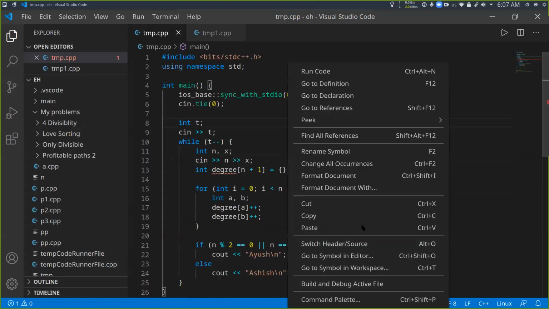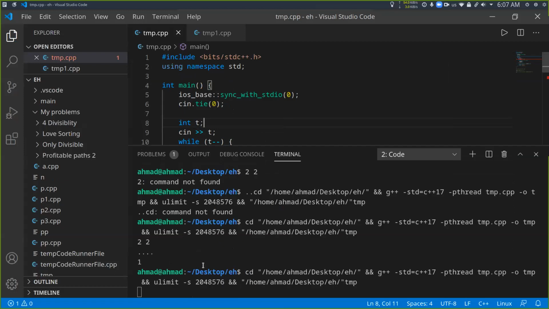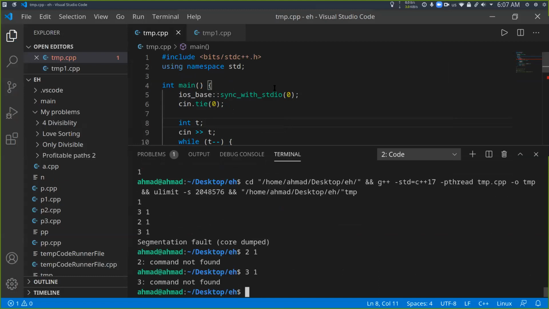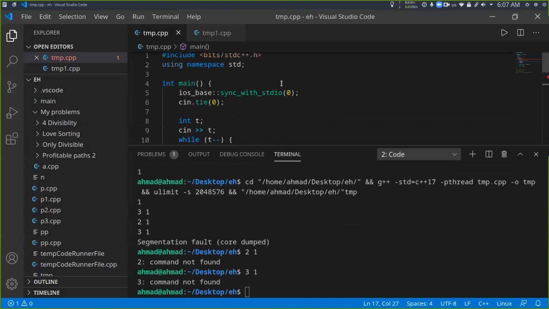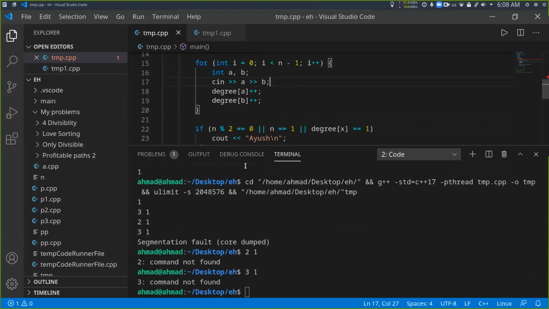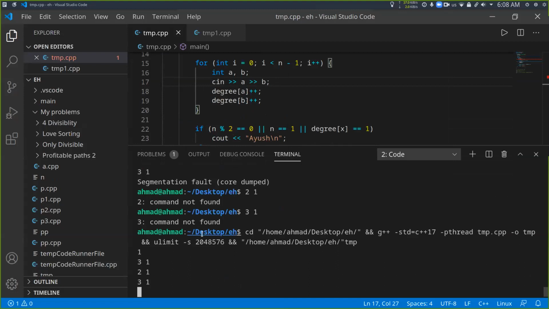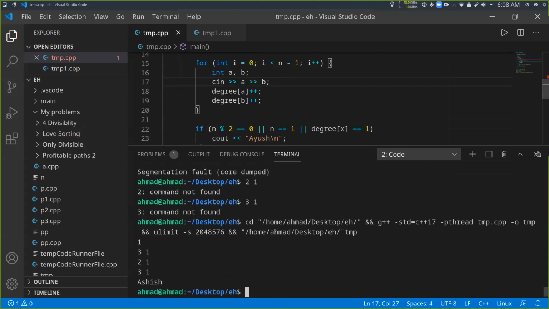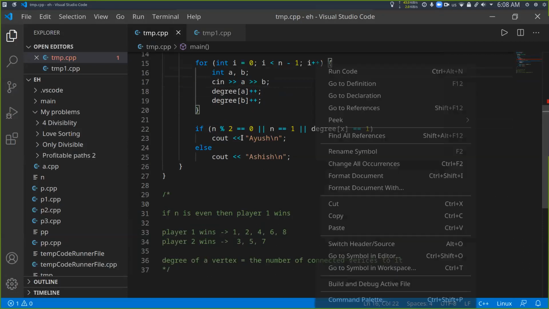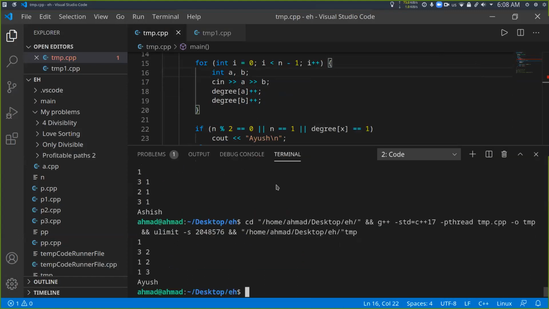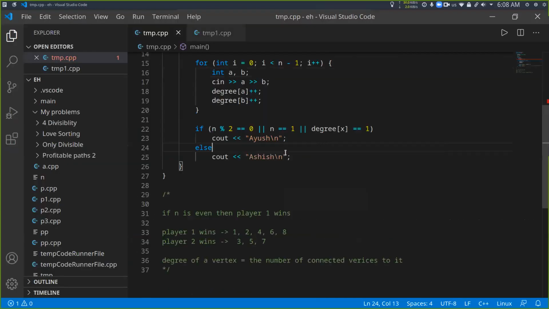Okay, let's try it. Yes, I didn't take a and b. Ashish. Okay. Ayush. Okay, I think this is okay.